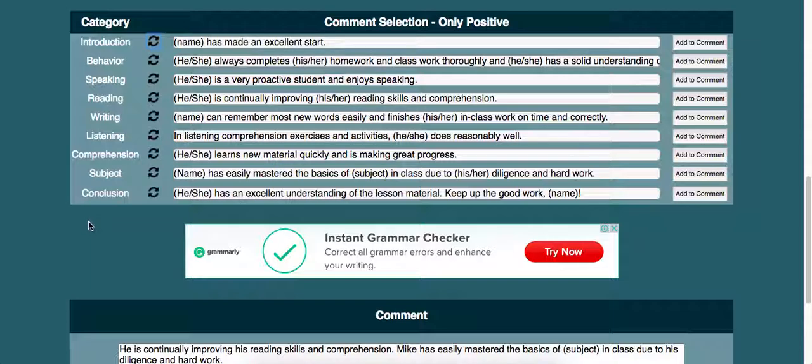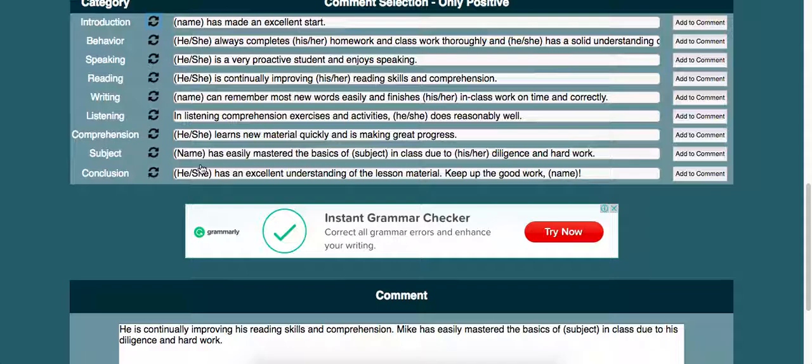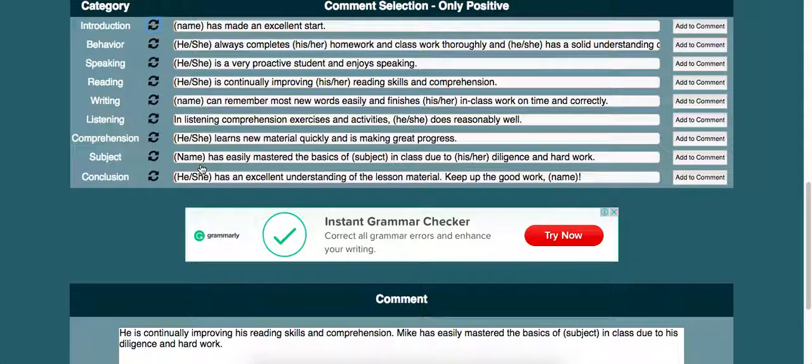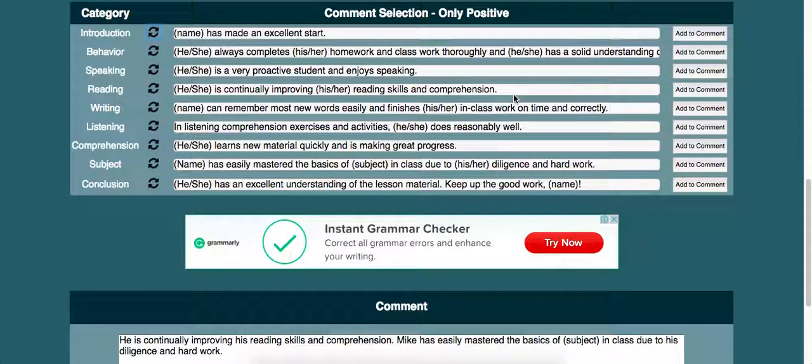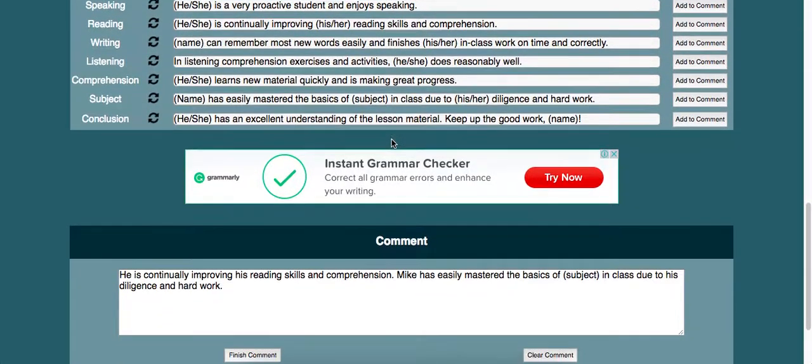The other problem with eslreports.com, if you were going to use it verbatim, is some of this stuff is not really applicable to how VIPKid teaches. So if you're talking about he did great on his homework, he's now completing his homework on time, finishes his in-class work on time and correctly, I think a parent would probably pick up on something like this, and some other things I've seen on here about improvement over time.